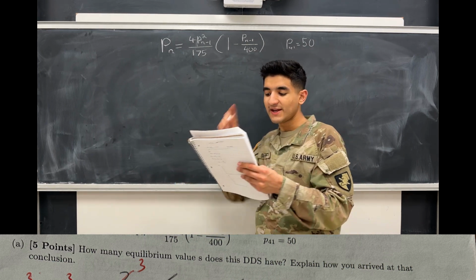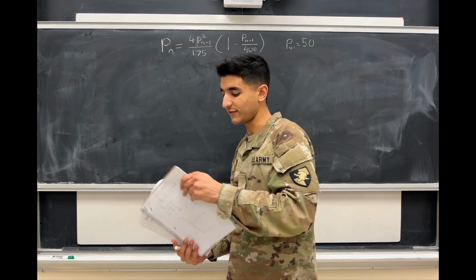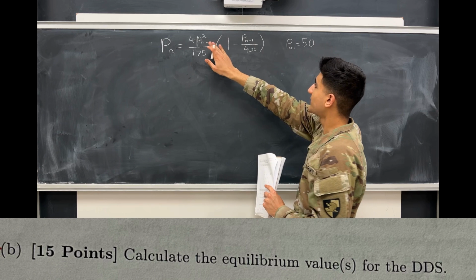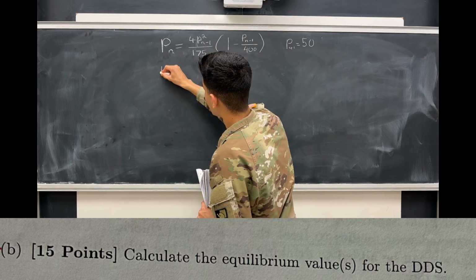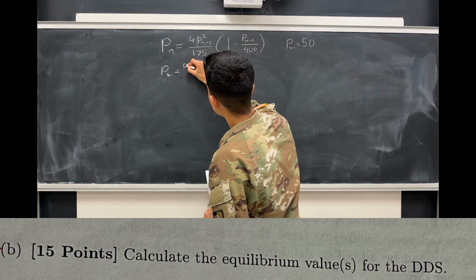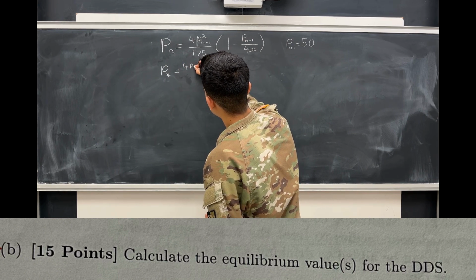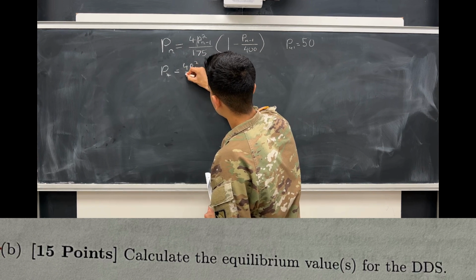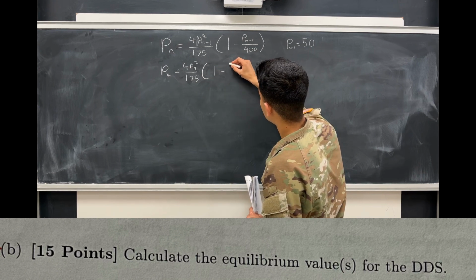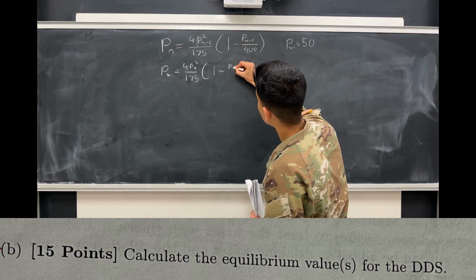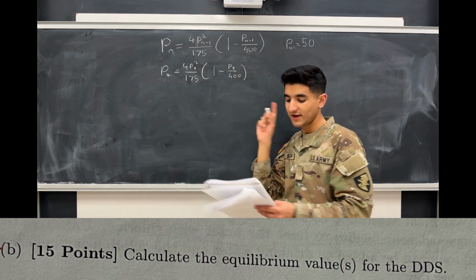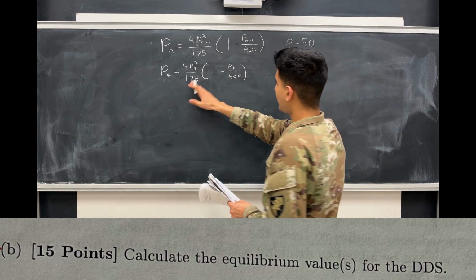For part B, now we're going to calculate the equilibrium points for this equation. To start off, we're going to set all the p sub n's equal to the p sub n minus 1. So we're going to use p star. So p star equals 4p star squared over 175 times 1 minus p star instead of p sub n minus 1 over 400. We've replaced everything. Now what I want you to do is distribute this over.